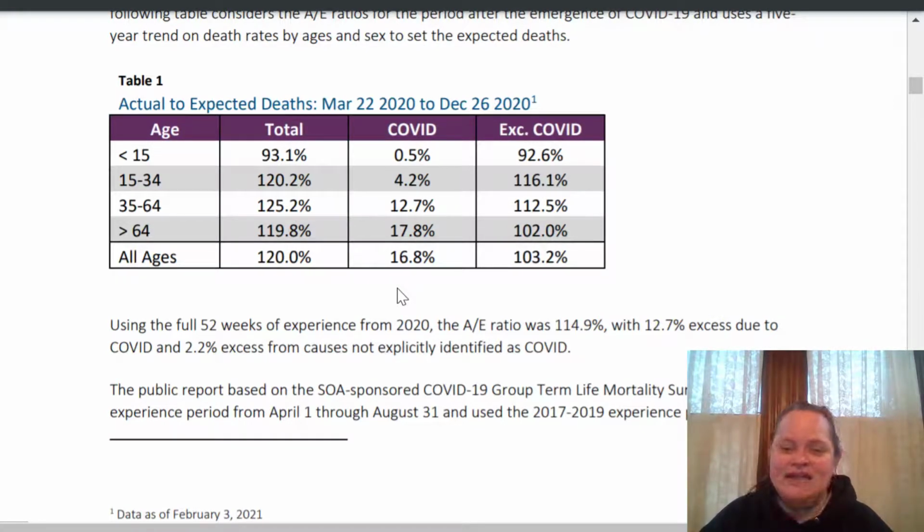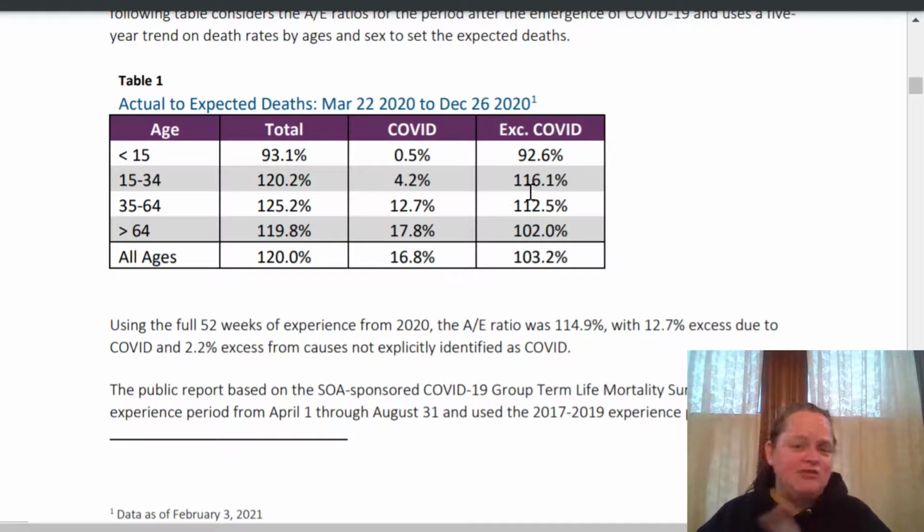That said, it's mainly for the oldest age group that almost all of their excess mortality came from COVID. And it does seem like for young adults, like 15 to 34, a very small percentage came from COVID, and other things were driving excess mortality.